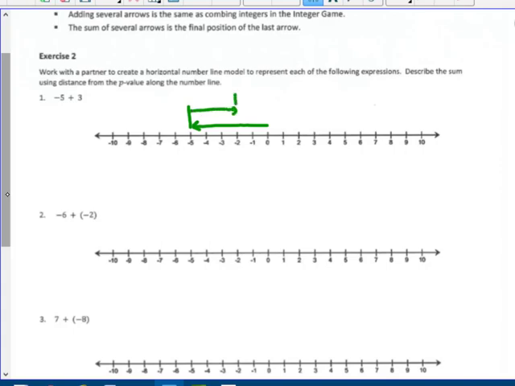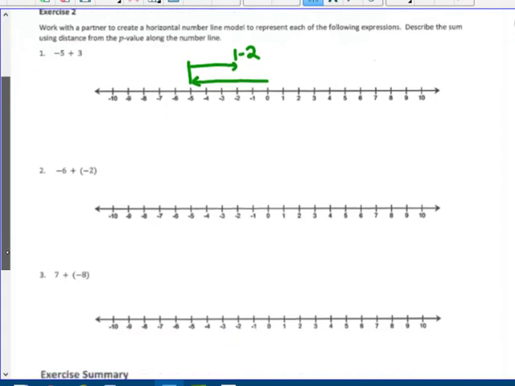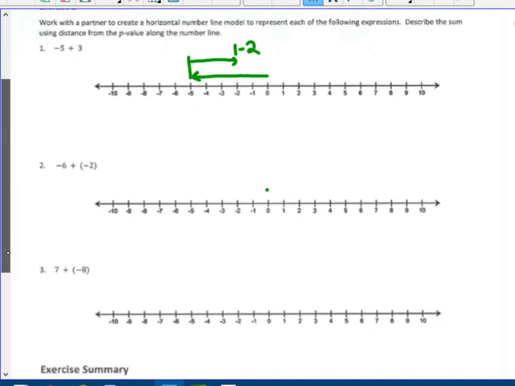And my answer ends here at negative 2. Next, negative 6 plus negative 2. Okay, negative 6 on the number line plus negative 2, go left, because it's negative. This equals negative 8.